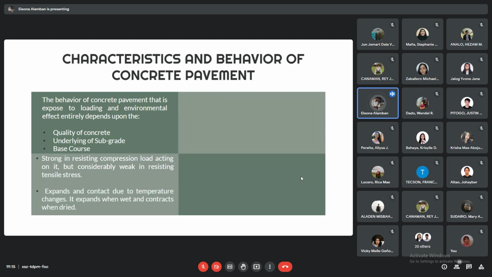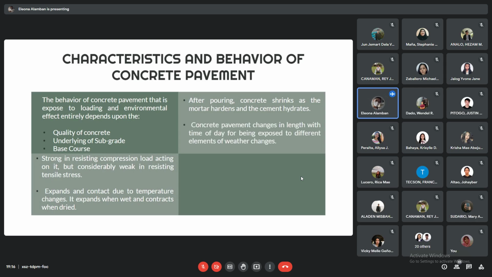Next, it expands and contracts due to temperature changes, and it expands when wet and contracts when dried. So, concrete, like other materials, also expands and contracts due to temperature change. And after pouring, concrete shrinks as the mortar hardens and the cement hydrates.